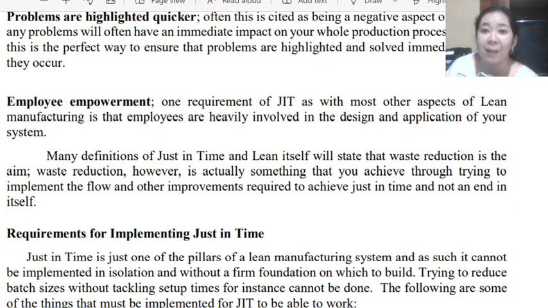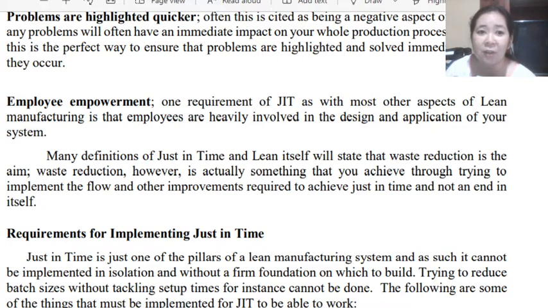Employee empowerment. Okay, one requirement of JIT, as with most other aspects of lean manufacturing, is that employees are heavily involved in the design and application of the system because they are the ones who are working hands-on. So that's why they are involved.